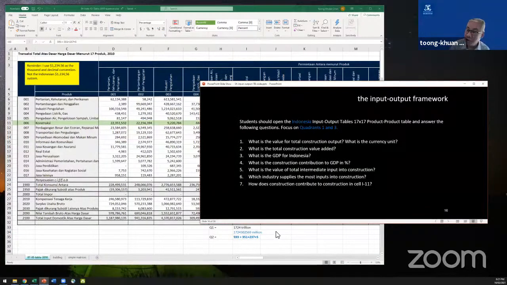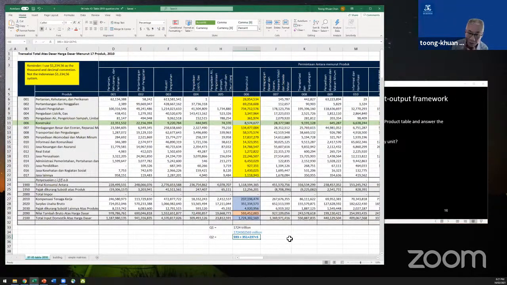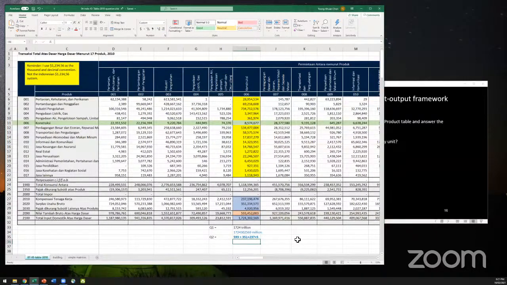What is GDP for Indonesia? This is a good question. How can you find GDP for Indonesia? If you can find value add for construction, where do you think is GDP for Indonesia? This 593 is value add for construction.